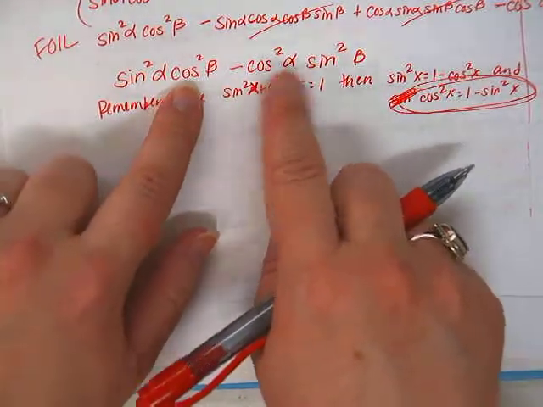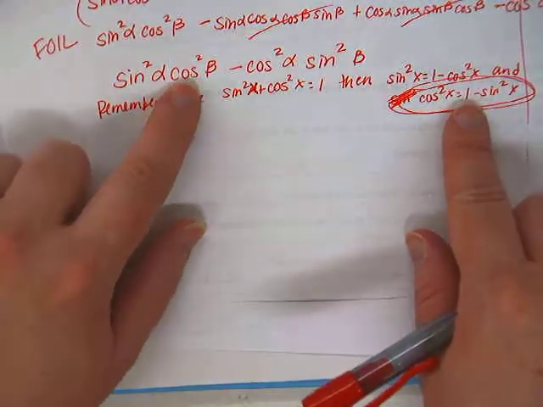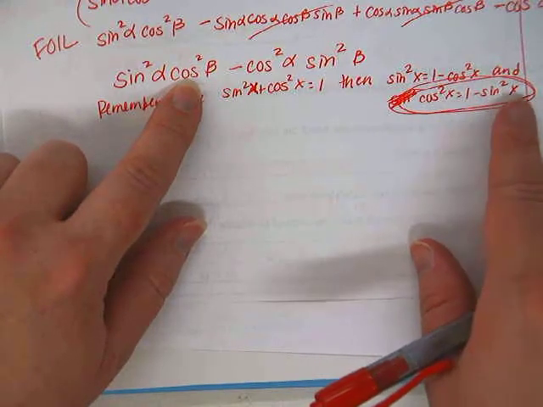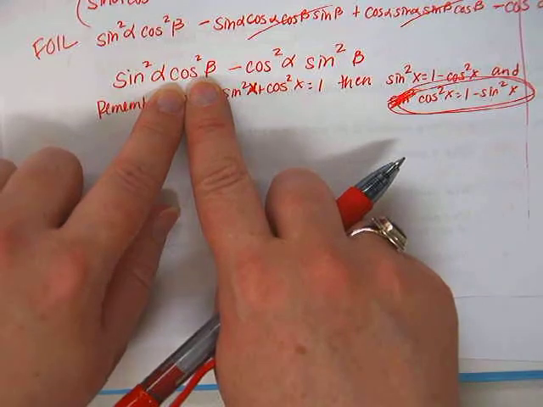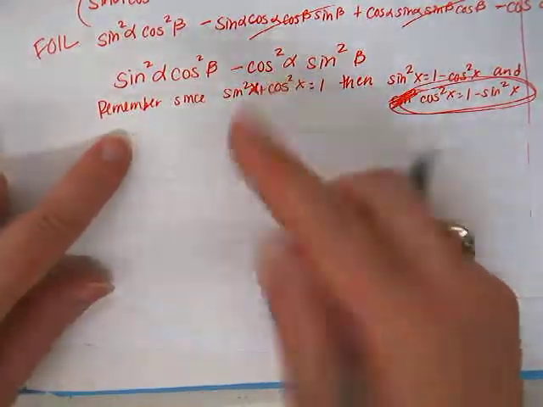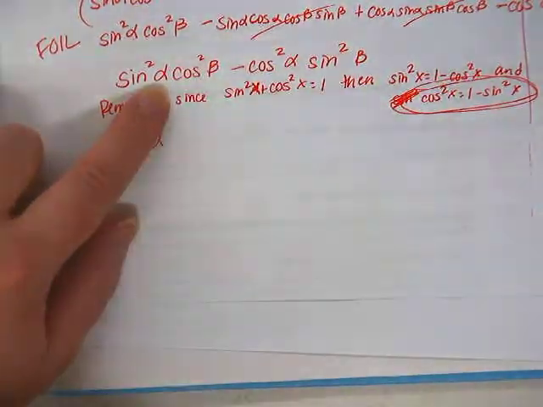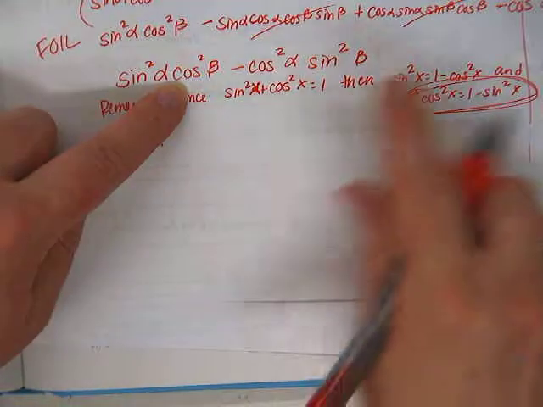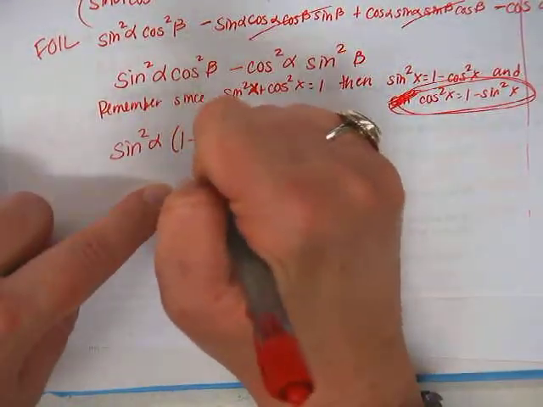So is there a way that we can somehow use this to change all the cosines to sines? Yeah, so everywhere where we have a cosine squared, we're going to do a 1 minus sine squared for that particular angle. So we have a beta here that we'll replace with the beta version, and an alpha here we'll replace with the alpha version, right? So sine squared alpha, we're not going to do anything with that.